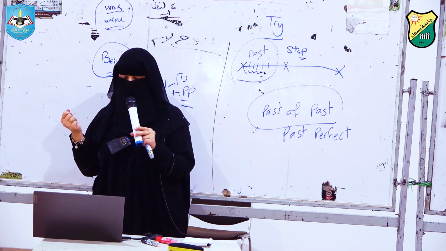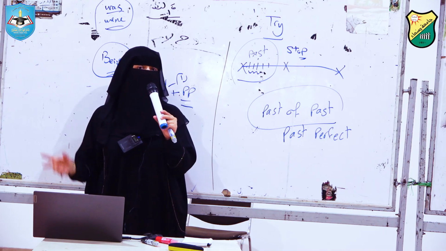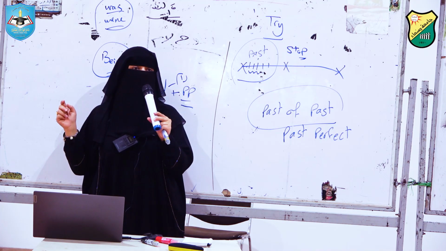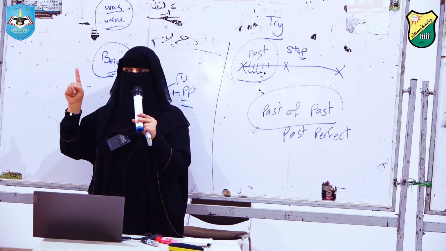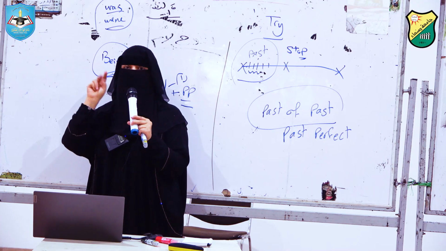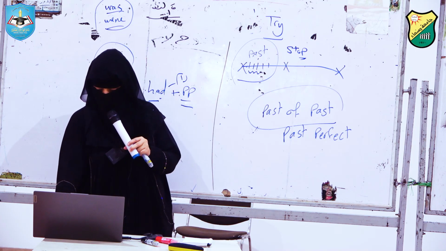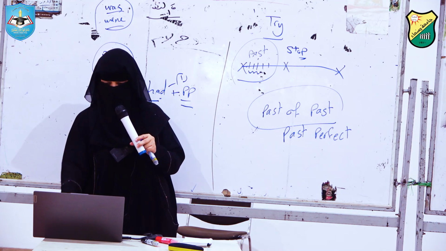What happened? We found that somebody had broken into the flat. So which one is number 1? The break-in is number 1, and when we arrived is action number 2. You still have many examples. You can read them when you have the book, inshallah.